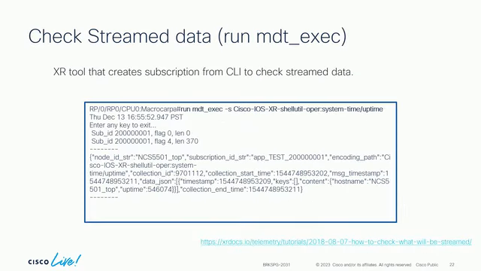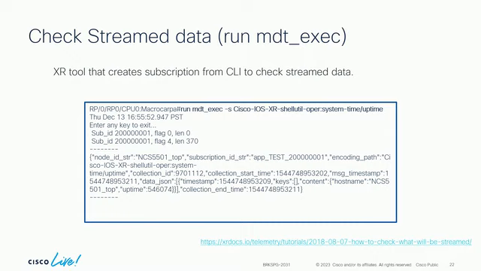Another one is MDT exec, and basically we run MDT exec. It's been available on all IOS XR devices for a while, but not a lot of people are still using it. It creates a virtual subscription on the box directly.